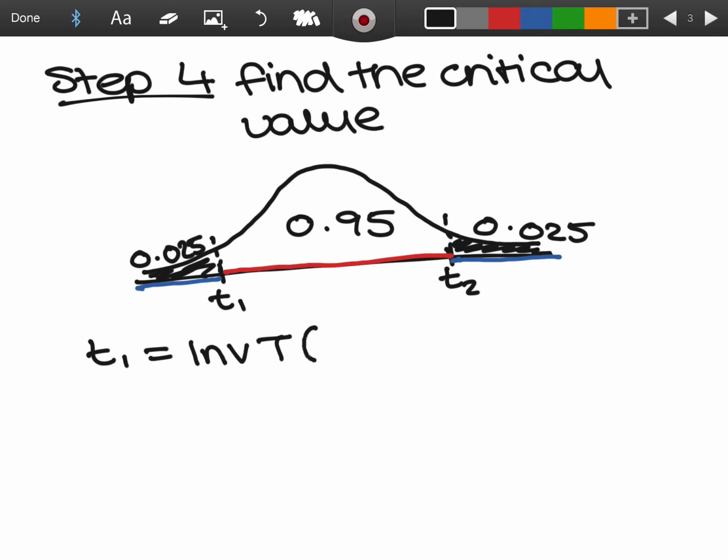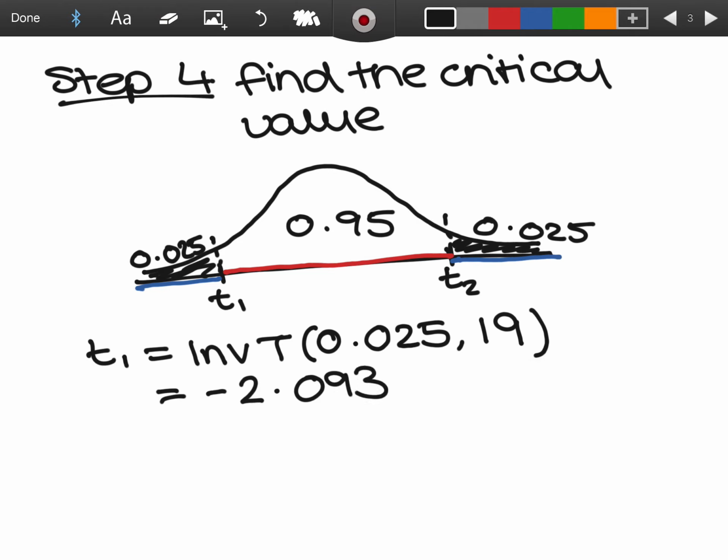So to find t1, it's going to be inverse t of 0.025. And the degrees of freedom is always the sample size minus 1, which in this case would be 20 minus 1, which is 19. If you do that, you should find that the t value is negative 2.093.